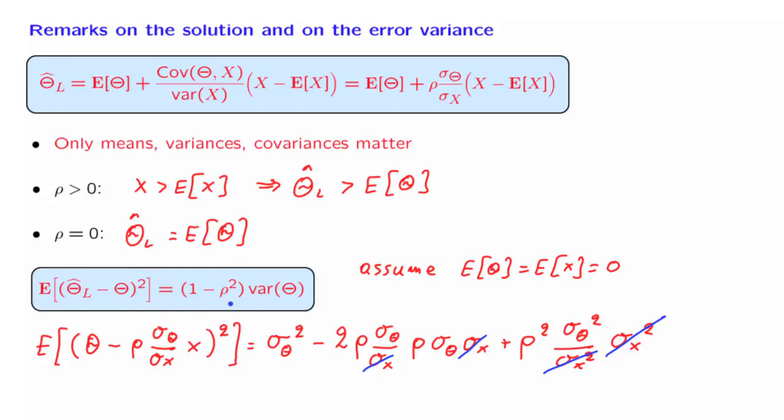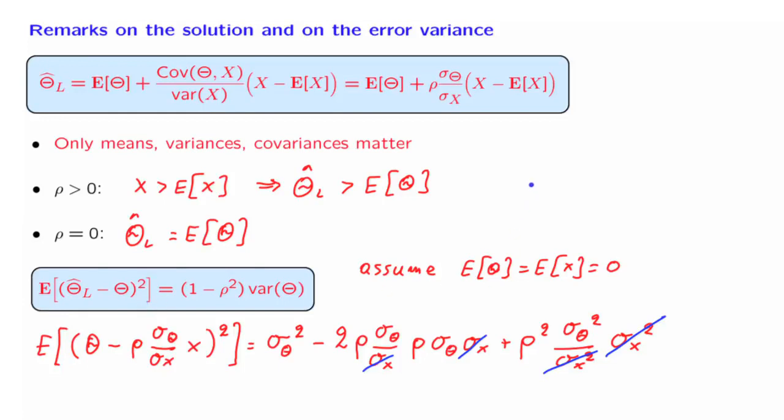It doesn't help us estimate theta better, so the expected value of the squared error is the same as the variance of theta. On the other hand, when rho is large, then this term here becomes small, and it means that the mean squared error is small.